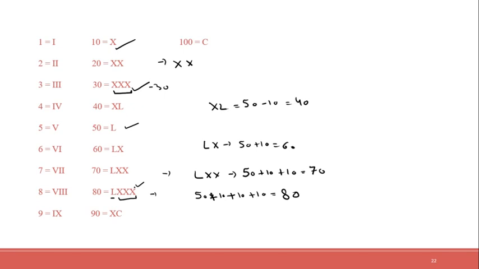Here this 80 contains 4 symbols, but 3 are of the same type and one is different. So it is okay. We can write 4 symbols together, but we cannot repeat the same symbol more than 3 times together. Now come to 90. C and X. That means 100 minus 10, 90. And for 100, we have C. I hope you got all these things very clearly.